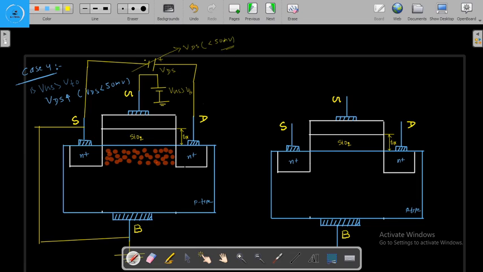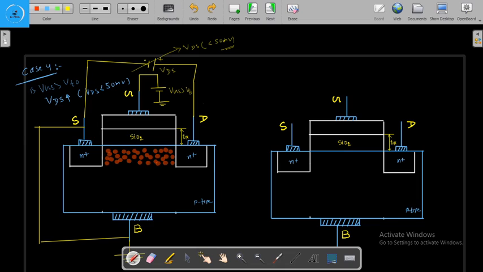So what will happen when we are increasing this VDS? When we apply this VDS by a very small voltage, in millivolts, less than 50 millivolt, the electric field is present like this, from positive to negative.